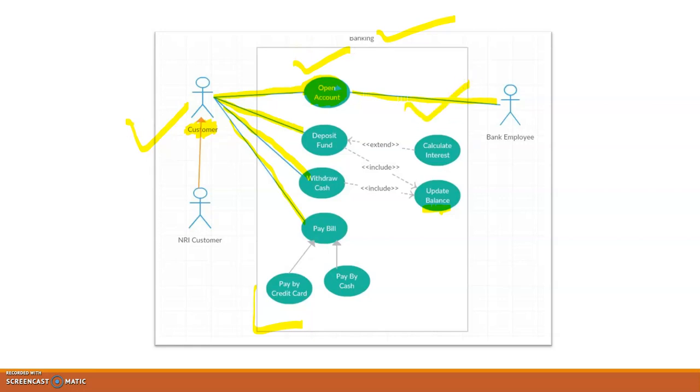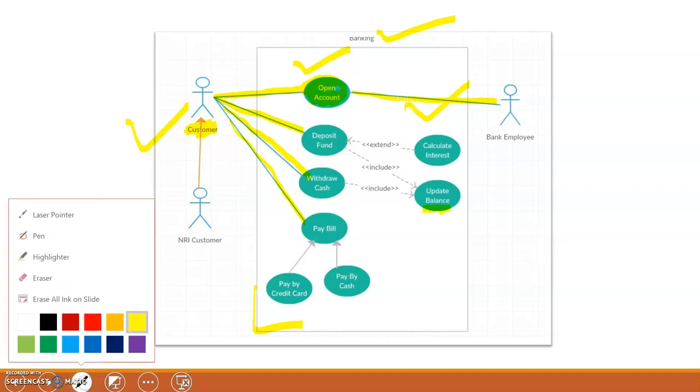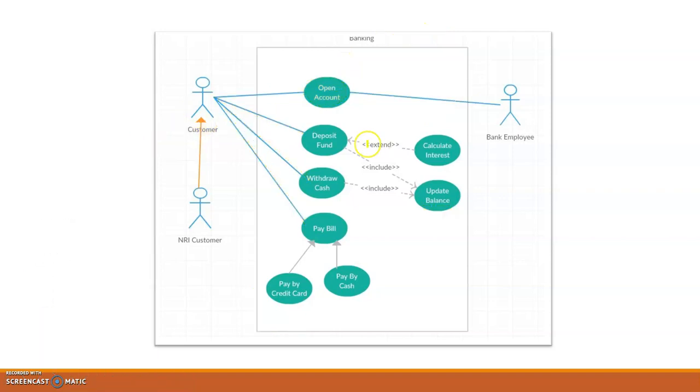After that, here we have something called extend and something called include. These are types of relationships that we will see in detail, but here it is an idea of the use case diagram.